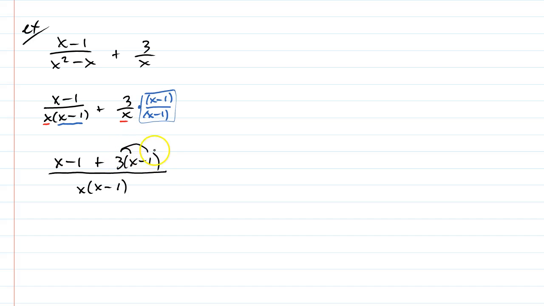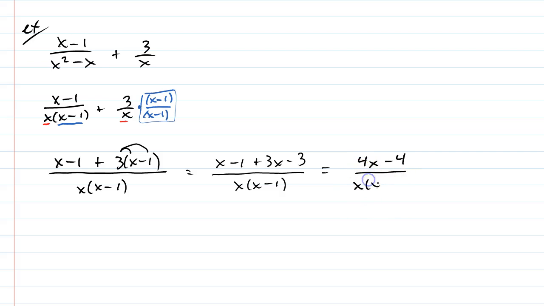That'd be 3x minus 3. And still, it's all over x times x minus 1. And we should simplify this. So this would be 4x minus 4 all over x times x minus 1.